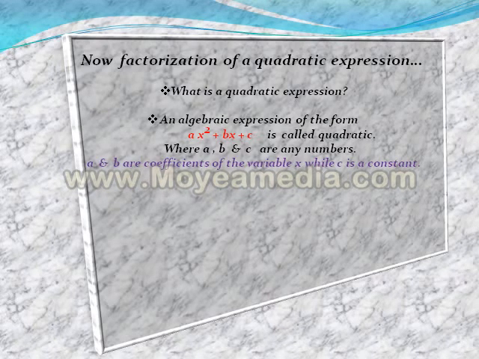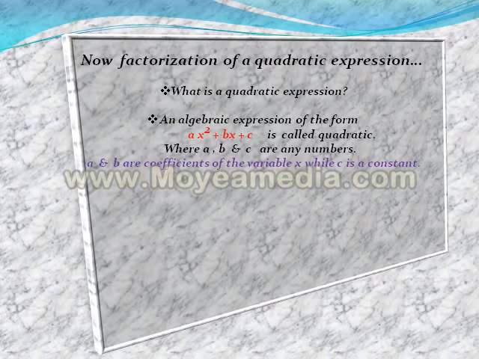Any algebraic expression of the form ax squared plus bx plus c, the red one, is called a quadratic algebraic expression.